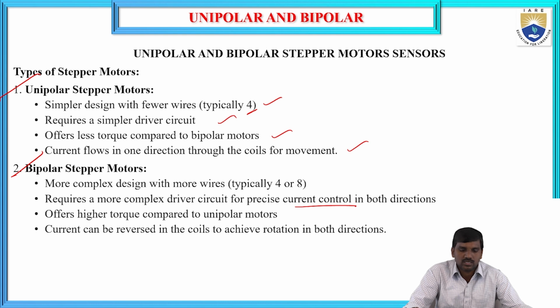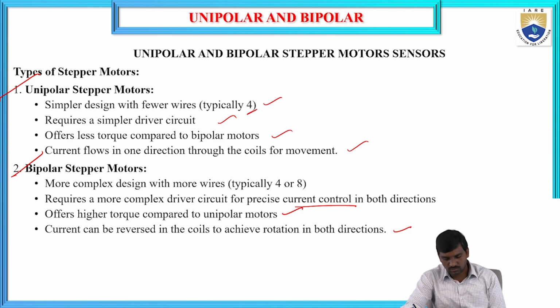It offers high torque compared to unipolar stepper motors, and current can be reversed in the coils to achieve rotation in both directions. So these are the differences between the unipolar stepper motor and the bipolar stepper motor in terms of specifications, like how many wires they need, driver circuit complexity, torque, and rotation in both directions. So these are the two types of stepper motors.